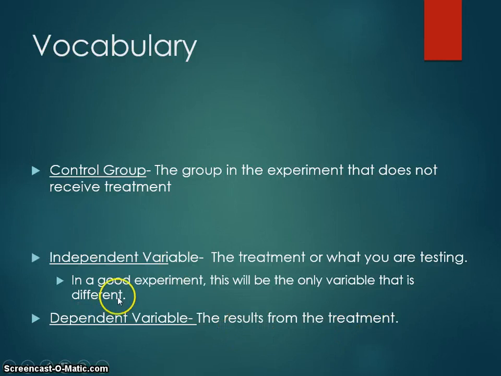And to go back quickly, in a good experiment, this will be the only variable that is different. So if we were growing this grass, we would make sure it had the same sunlight, the same amount of water, it was at the same temperature. So probably the best way to test something like our hypothetical fertilizer would be doing it in a laboratory. We can keep everything the same. 24 hours of sunlight at 68 degrees, with the same exact amount of water every day.